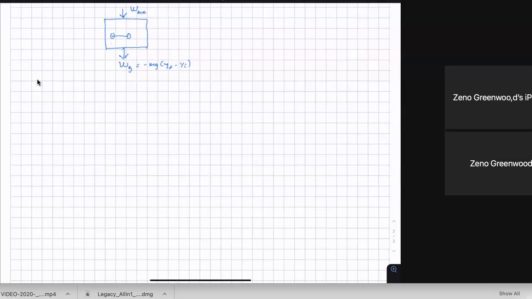Whereas the work that I did is positive work, and it's complicated because I varied the force. I had to give it a force slightly greater than the gravitational force to give it an initial acceleration to get it moving.